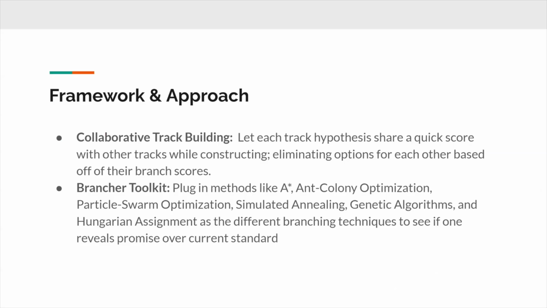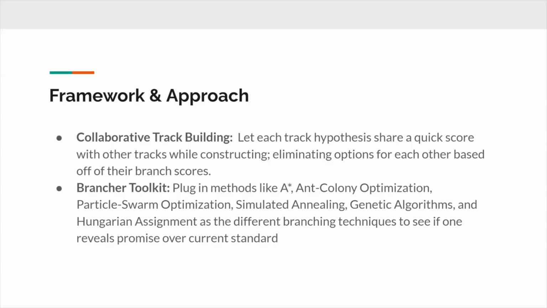So one approach was a collaborative track building. Instead of each track propagating itself and doing multiple iterations all by itself, we wanted a way for each track to share a physics-based score with other tracks, and based off of which has the better score for a certain hit, they would claim it.